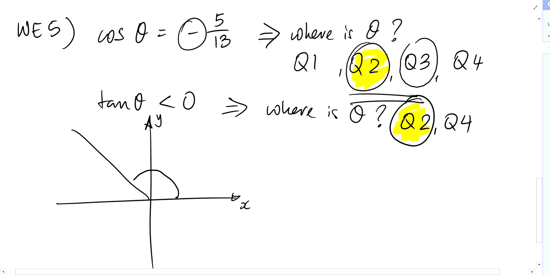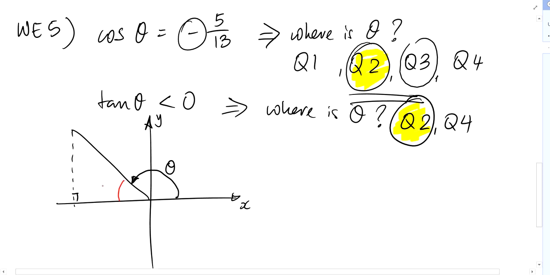Positive x. Go anti-clockwise. This is theta. Simple so far? Now I want you to always drop a dotted line down to the x-axis because I still require to find my right angle triangle. Standard. So this is obviously my right angle. And where is my basic angle? Where's my alpha?